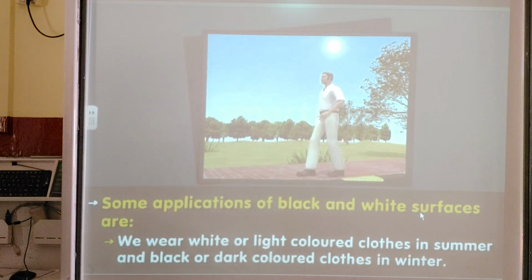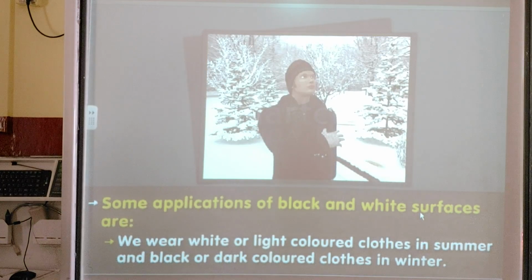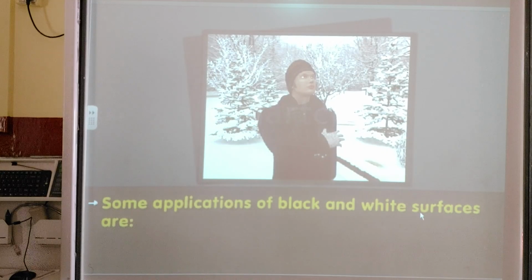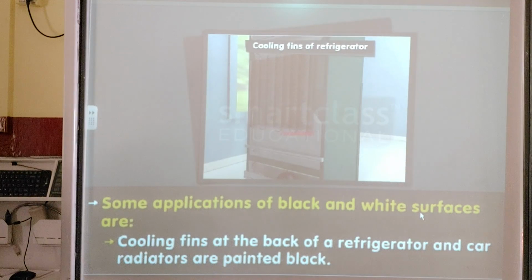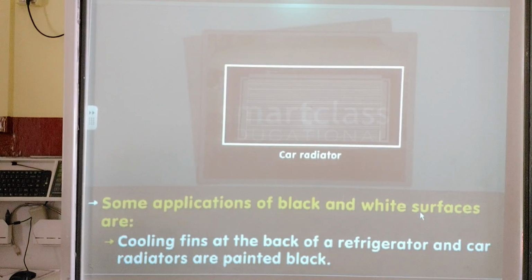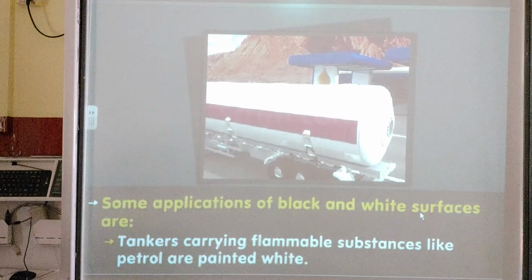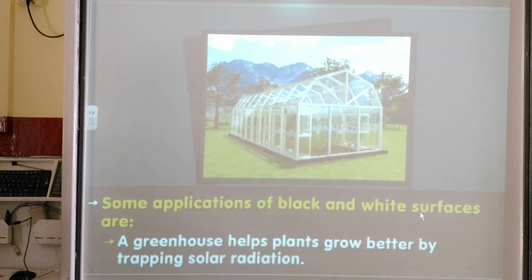We wear white or light colored clothes in summer and black or dark colored clothes in winter. Cooling films at the back of a refrigerator and car radiators are painted black. Tankers carrying flammable substances like petrol are painted white. A greenhouse helps plants grow better by trapping solar radiation.